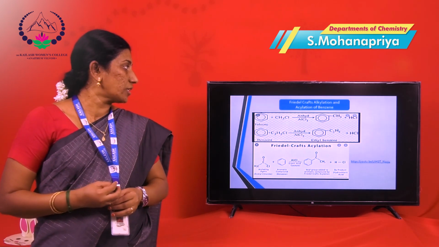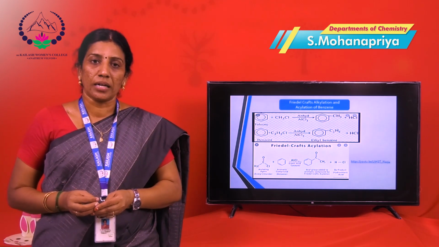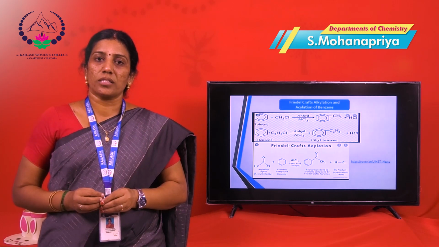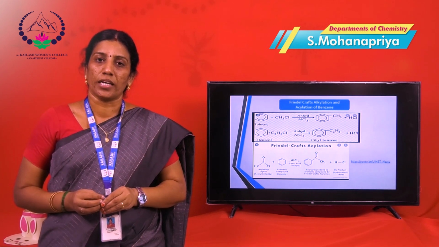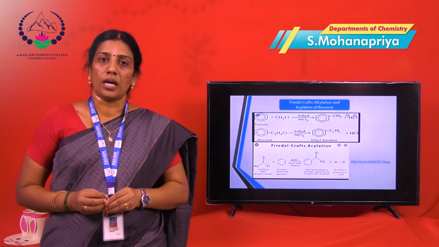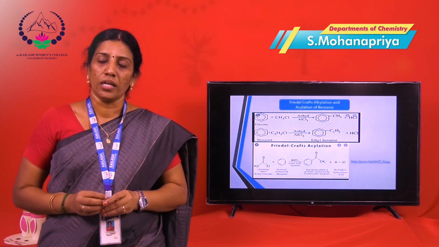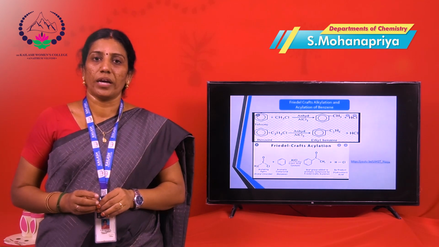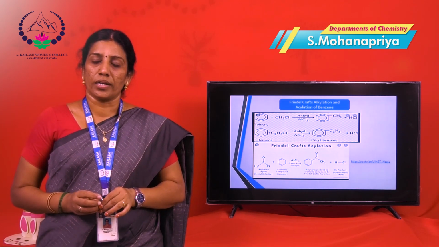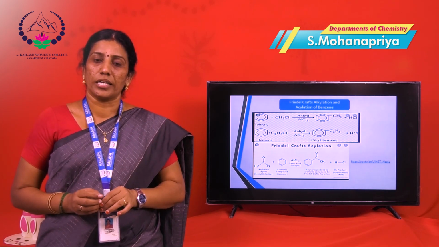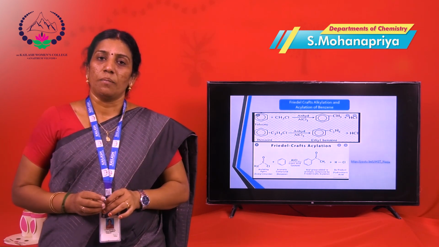The next reactions are Friedel-Crafts alkylation and Friedel-Crafts acylation. In alkylation, we take aluminum chloride and an alkyl halide as reagents, which react with the benzene ring. Both are combined together, and we get an alkylated product, with an alkyl group incorporated in the benzene ring.